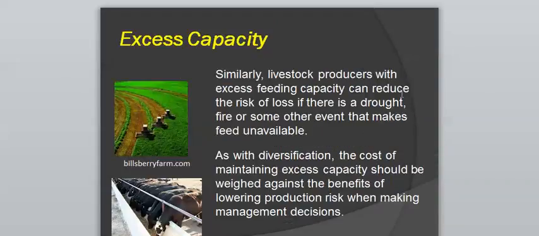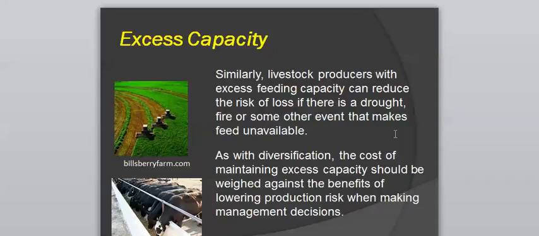Livestock producers with excess feeding capacity can reduce the risk of loss if there's a drought, fire, or some other event that makes feed unavailable. In other words, having hay on hand, having extra feed, having a year and a half's worth of feed on hand can help reduce risk. There again, the problem is it costs money.